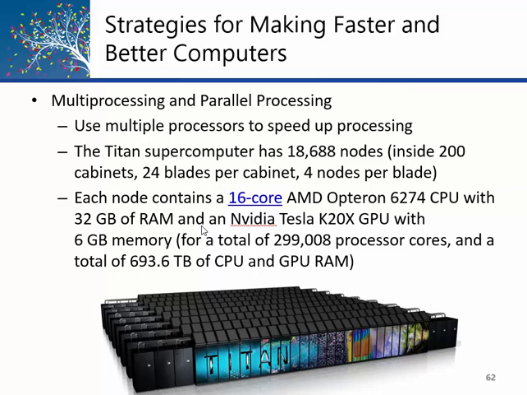And basically what that means, you put that all together, you've got a single computing device that has the equivalent of almost 300,000 processing cores and almost 700 terabytes of CPU and GPU memory. So it's a massively powerful big machine that's just taking advantage of having multiple machines working in parallel together.